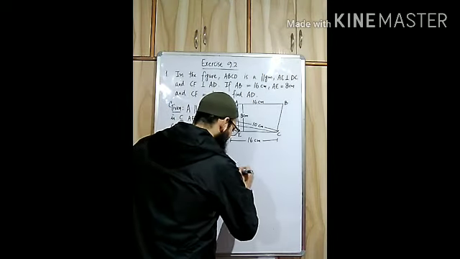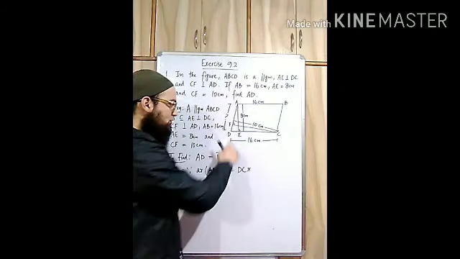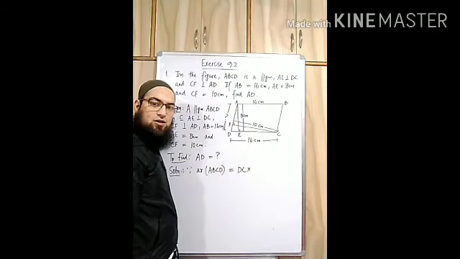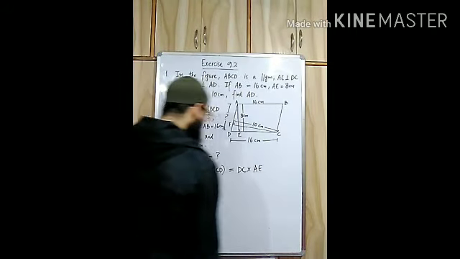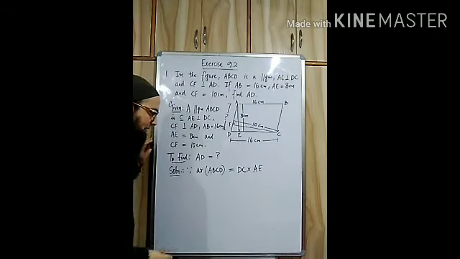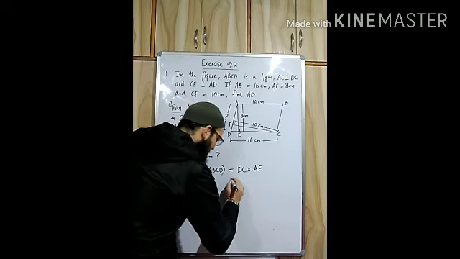If I take DC as base, then I need to multiply the corresponding altitude, and for DC, AE is the corresponding altitude. Got it? Okay.